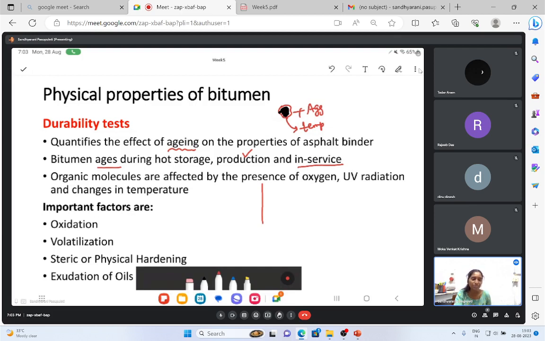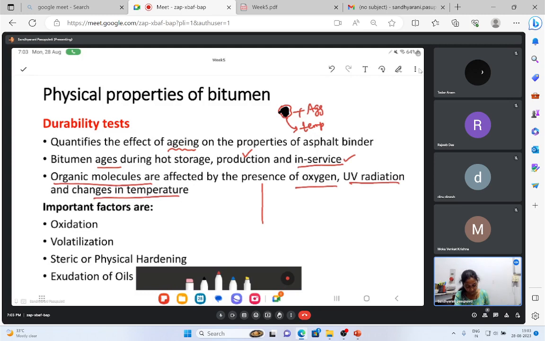Thereby, sometimes they can degrade, otherwise they can form extra compounds, which is called aging. So they can become stiffer. So during in-service also you can see some aging. The organic molecules are affected by the presence of oxygen. One is due to the presence of oxygen, another is UV radiation, which is the heat, and also the changes in the temperature.